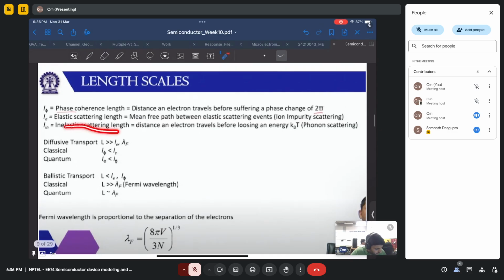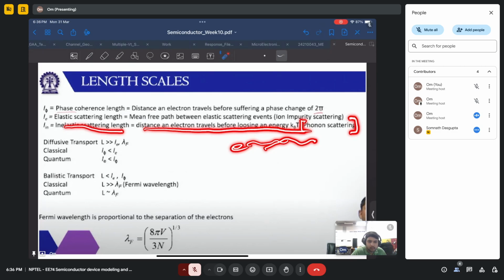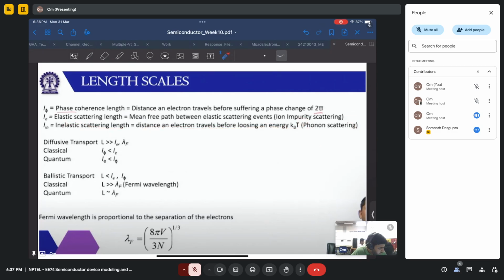Inelastic scattering length is the distance an electron travels before losing energy, kT, that is typically phonon scattering. That is, electrons interact with some other moving entities such as phonons. So we have phase coherence length, elastic scattering length, and inelastic scattering length.